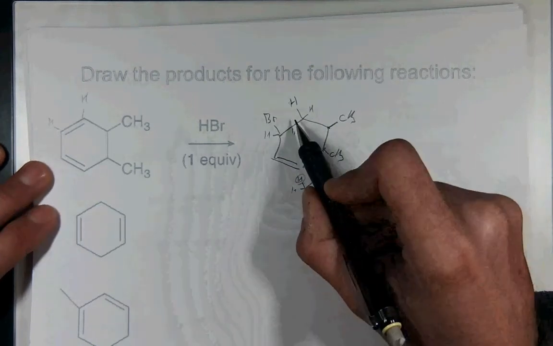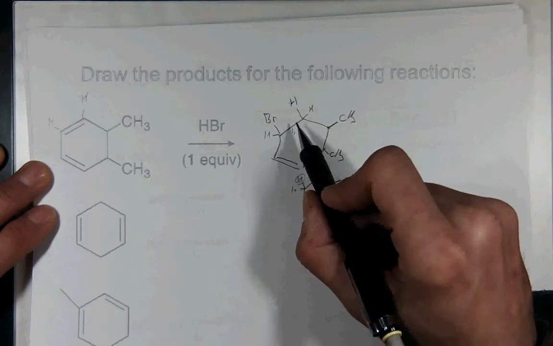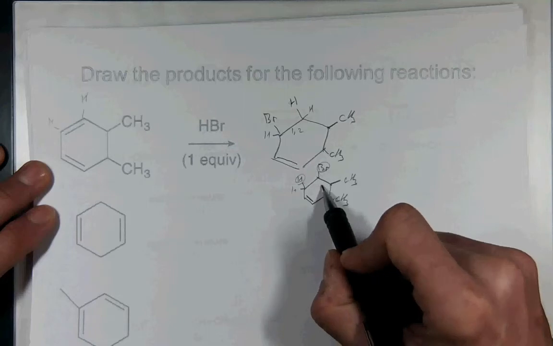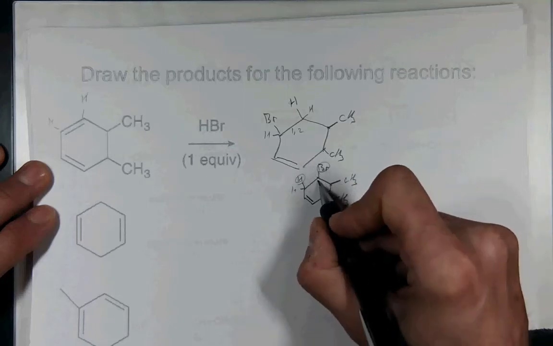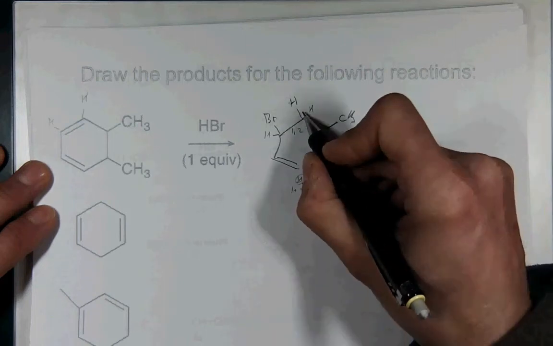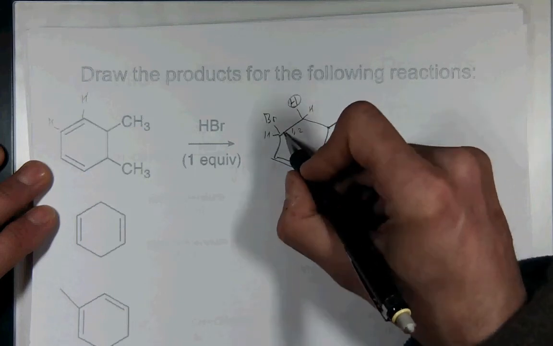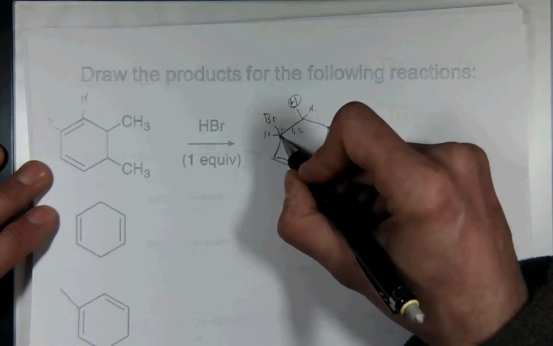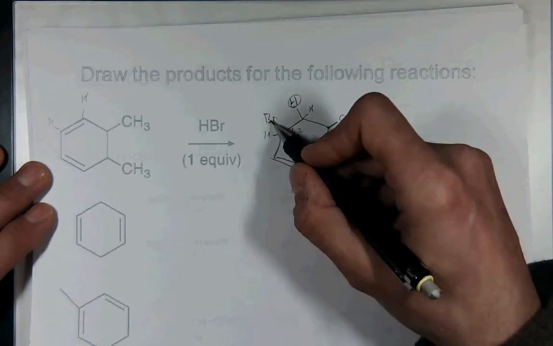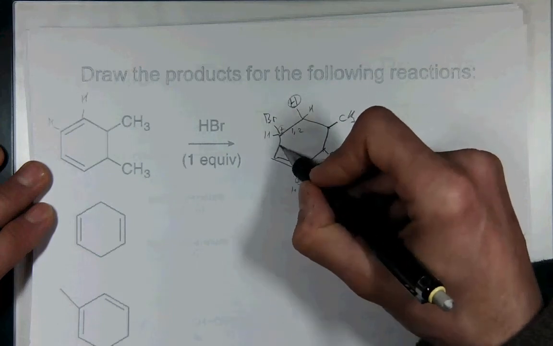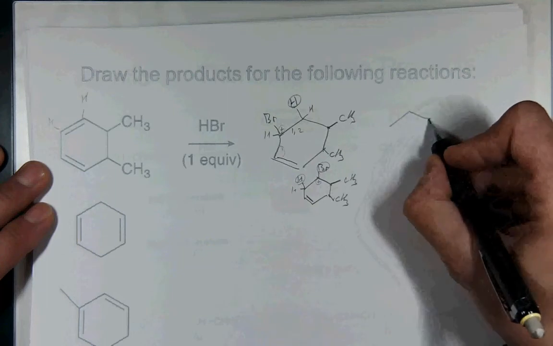Okay, but if we put that hydrogen here first instead of this one, remember the hydrogen goes here, the carbocation would be here, and it's not allylic anymore, right? But if we put the hydrogen here, this would be the carbocation to which the bromine attacks. So this carbocation is now allylic, so we could also get the 1,4 product and move that pair of electrons over.